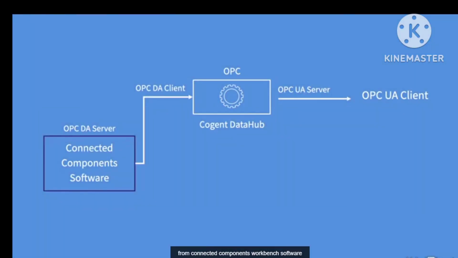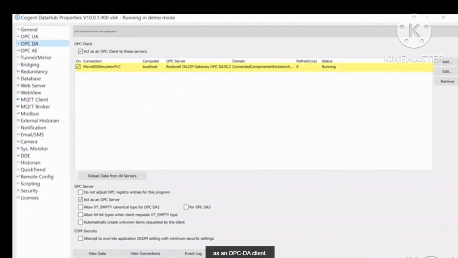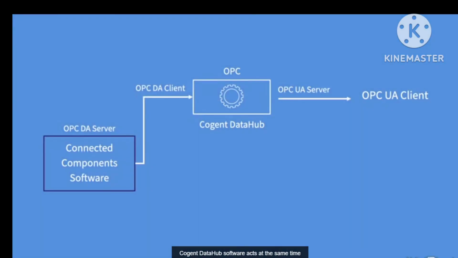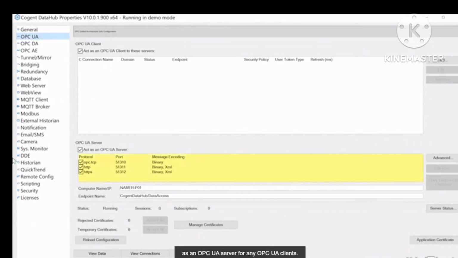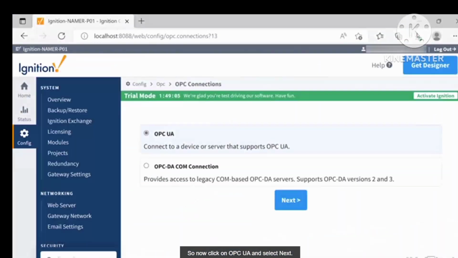Since the data coming from Connected Components Workbench software comes through an OPC DA server, and it gets received in Cogent Data Hub as an OPC DA client, Cogent Data Hub software acts at the same time as an OPC UA server for any OPC UA clients. So, in this case, when using Ignition software, we can see Cogent Data Hub as an OPC UA server and Ignition software as an OPC UA client. So now click on OPC UA and select Next.